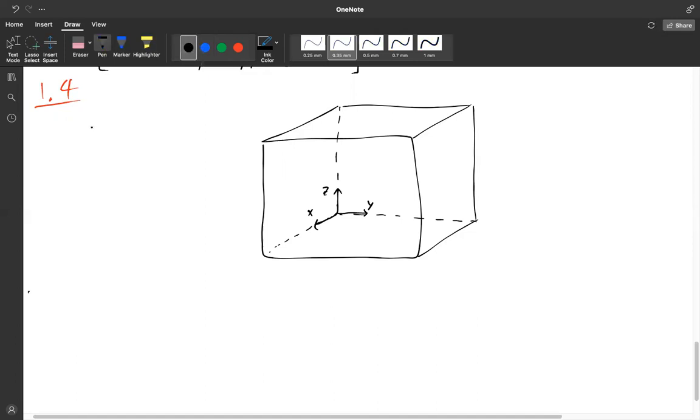So say that we're analyzing the x direction for example.